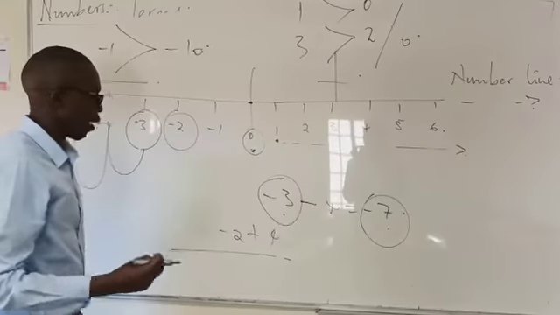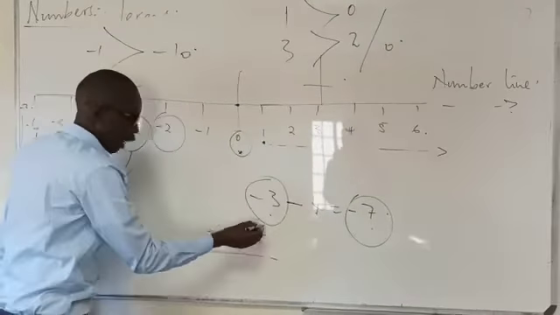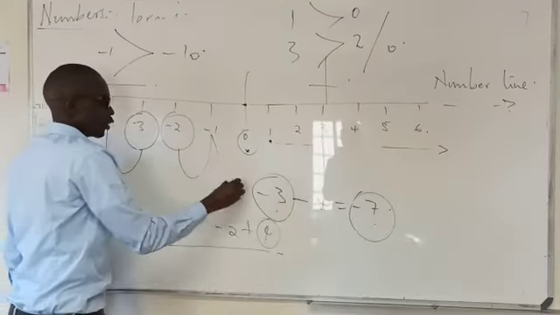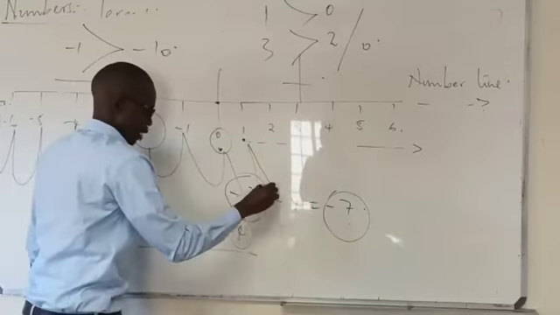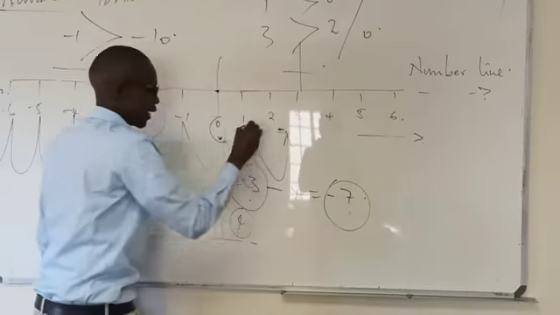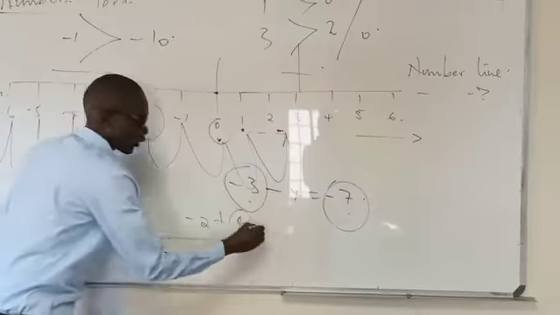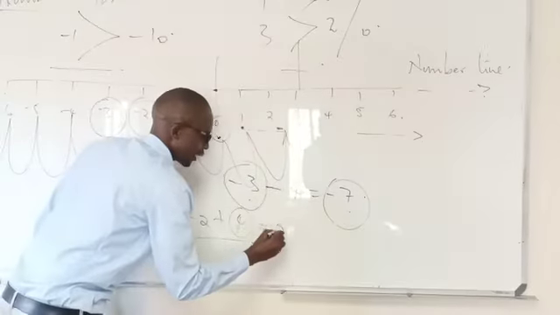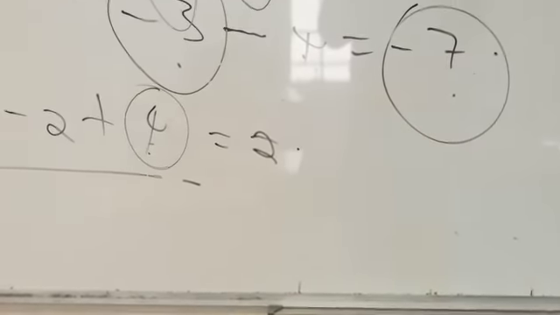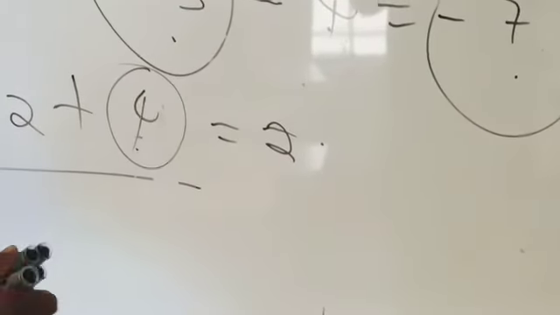How do I go to my positive? I'm supposed to count 4 steps going to the positive. Let us see. 1, 2, 3, 4. I read the number which I get there when I'm done with the positive. My answer is a positive 2. That is the way we apply direct numbers.